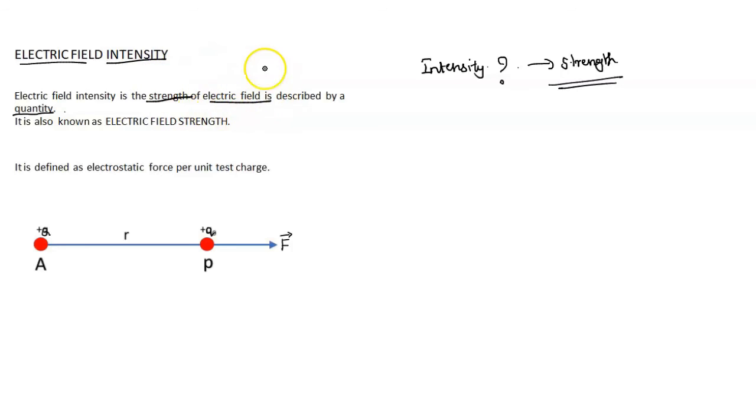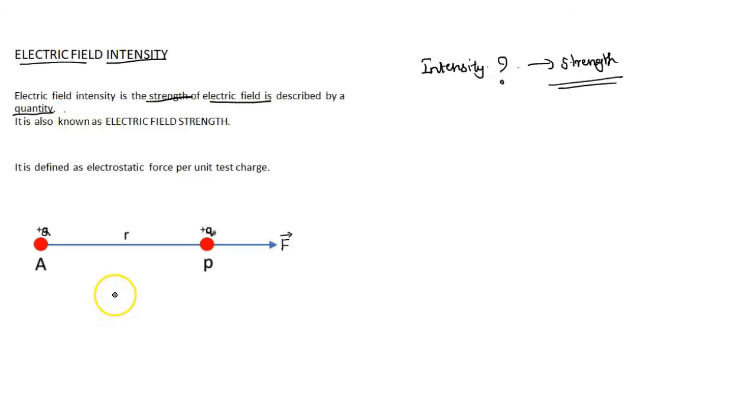We already studied what the electric field is: the region around a charged body. Electric field intensity is nothing but the strength of that region, that is, how that charged body exerts the electrostatic force on another charged body.